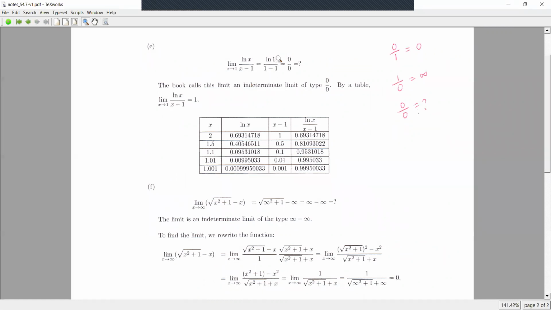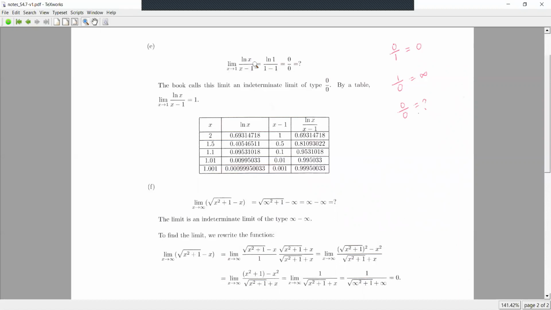Natural log of 1 is 0. Now this time, I get 0 over 0. 0 over 0, I cannot determine it. 0 over a finite number, it is 0, I can say. A finite number over 0, it is infinity. But 0 over 0, I don't know what that is.